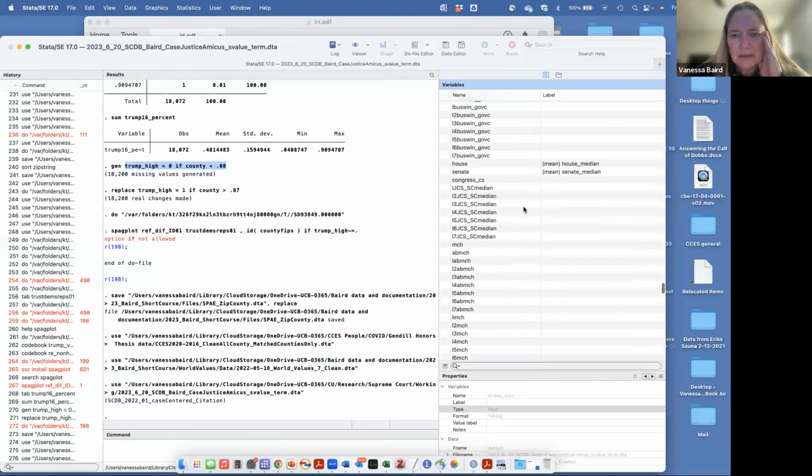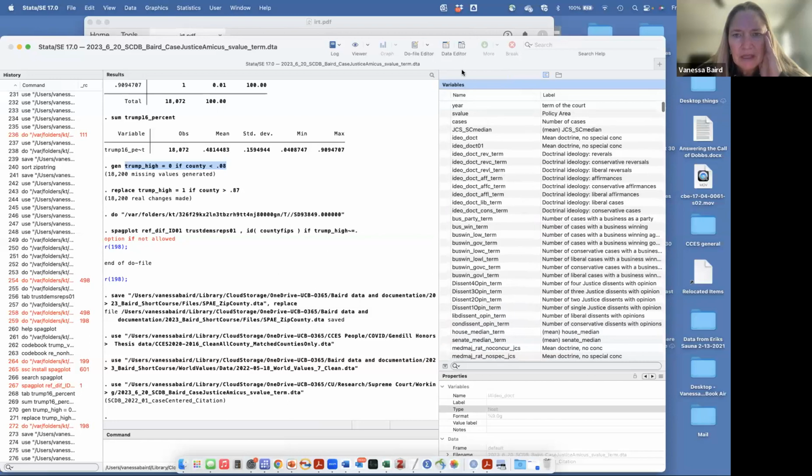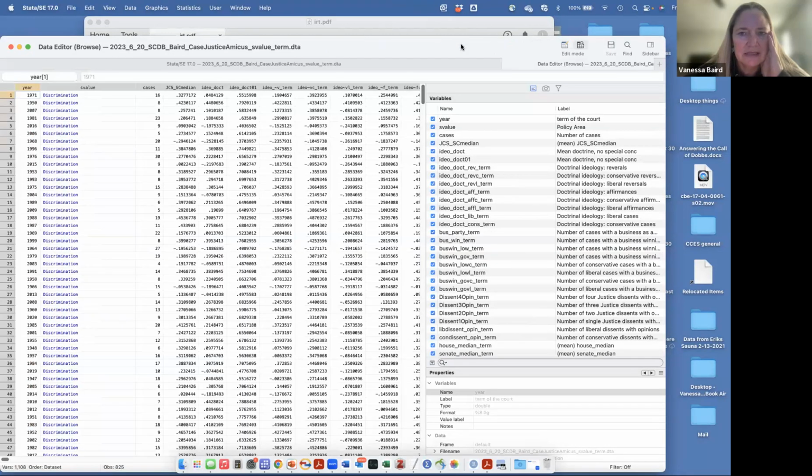So in this one, the units of analysis are neither what we just talked about. It can also be a multi-level model, but it's a form of multi-level model we haven't talked about yet. And that is that my units of analysis are year dot policy area.